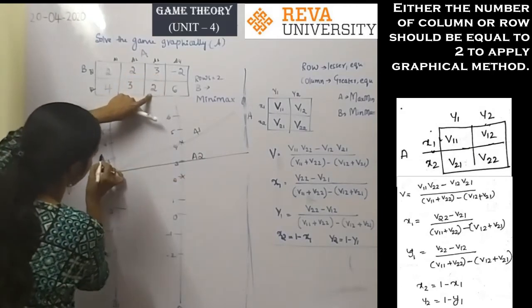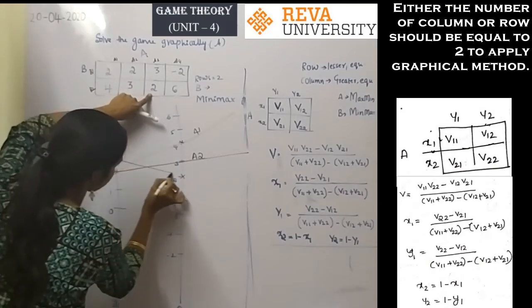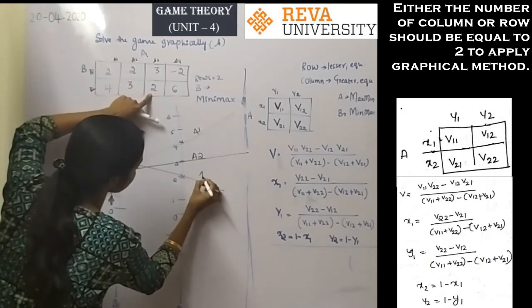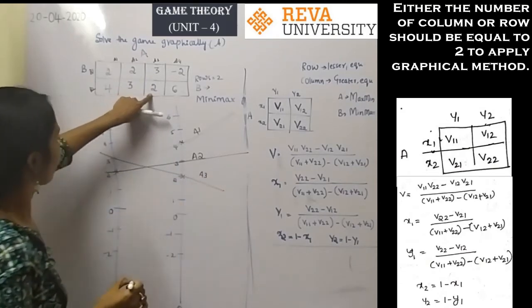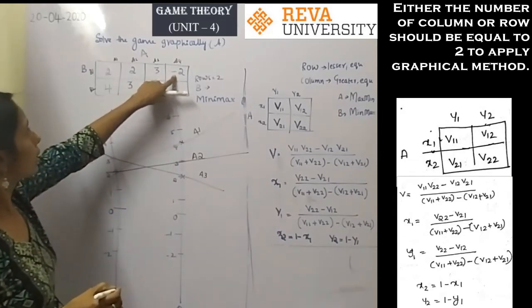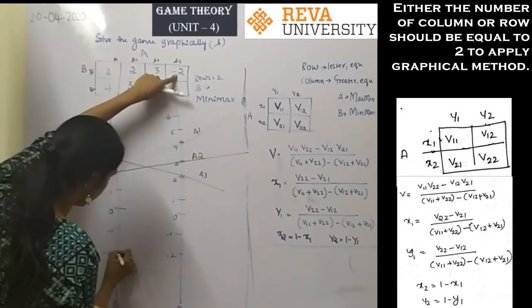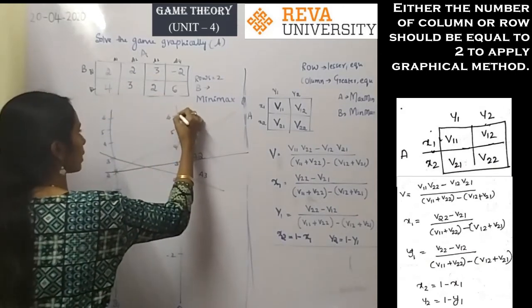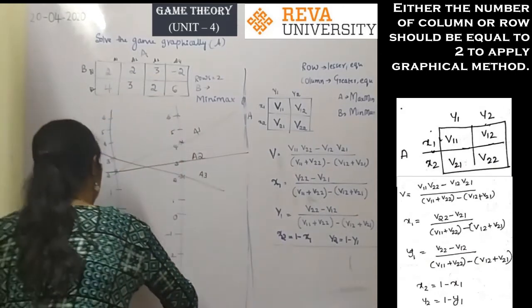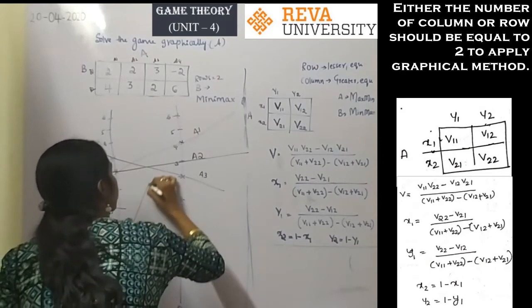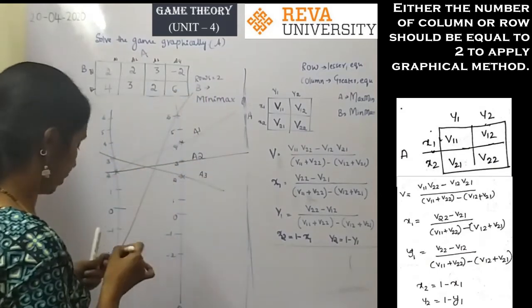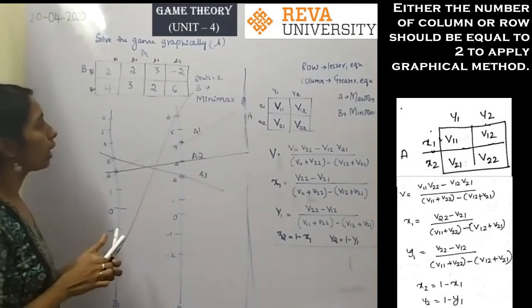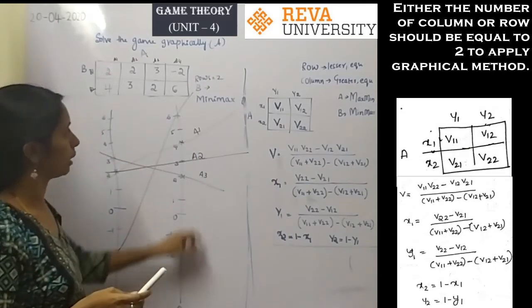So, it is here. This represents A3. Then, for A4, B1 is minus 2 and B2 equals 6. So, consider like this.